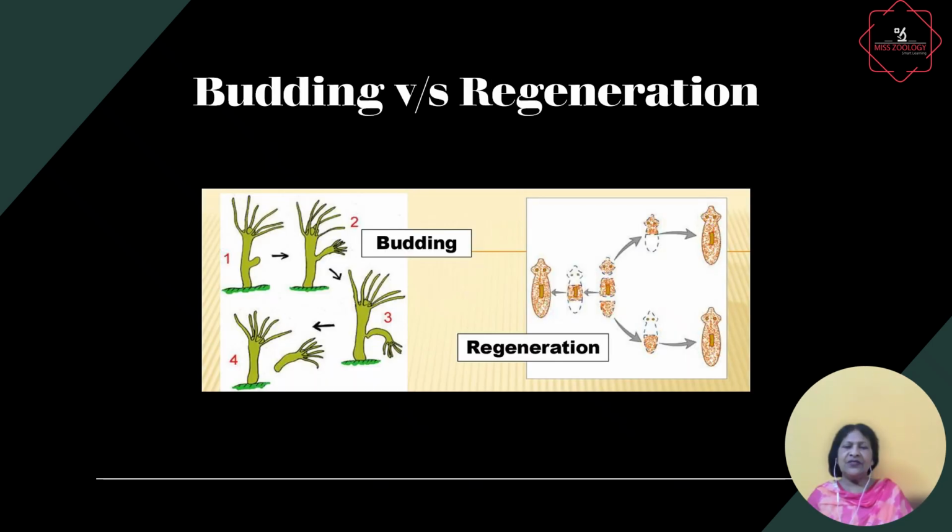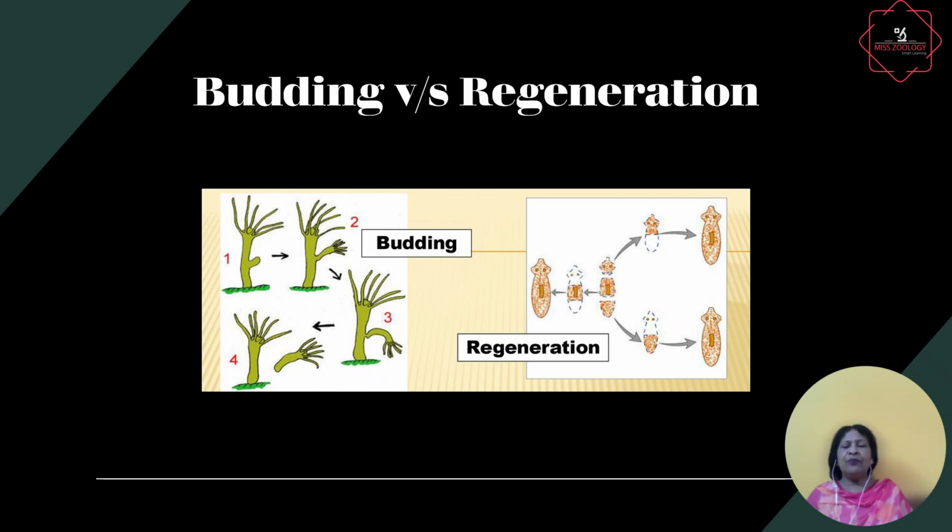Budding versus regeneration. The prerequirement for budding is the production of an outgrowth on the body of the mature organism like Hydra. For regeneration, the body of the organism like Planaria should be cut into pieces or it gets broken into parts.